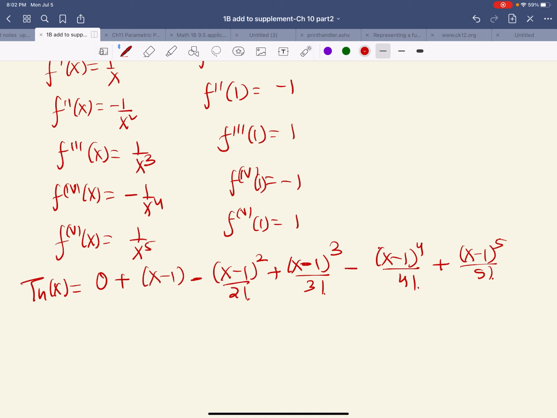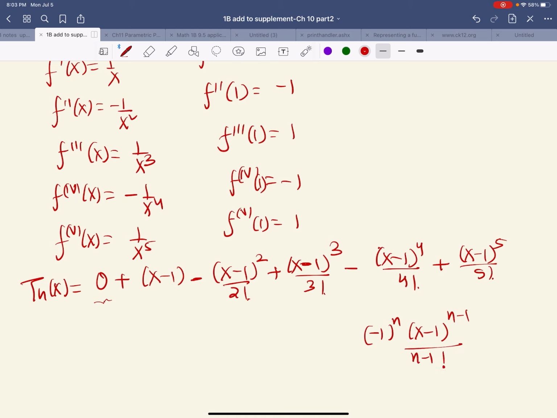So the nth term looks like it would be negative 1 to the nth power, and then I have n minus 1. In the first term I have 0 factorial, second term I have 1 factorial, so I do have n minus 1 factorial in the denominator. Negative 1 to the power n, x minus 1 to the power n minus 1 over n minus 1 factorial.